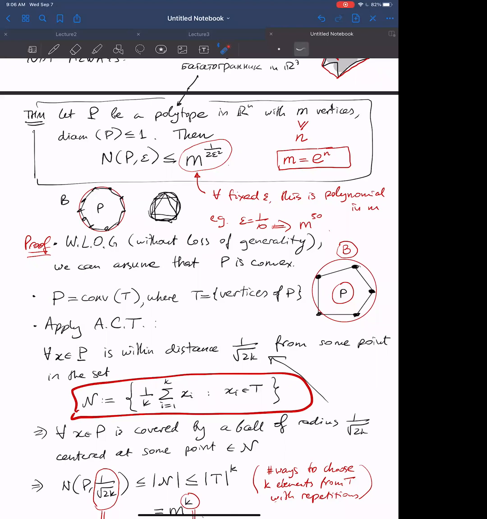Would it be more appropriate to evaluate, say, you start with the square in R2, then you go to the cube, R3, and then to a higher dimensional cube, and then you would get an exponential rate.